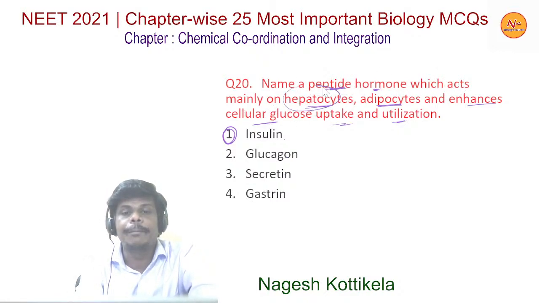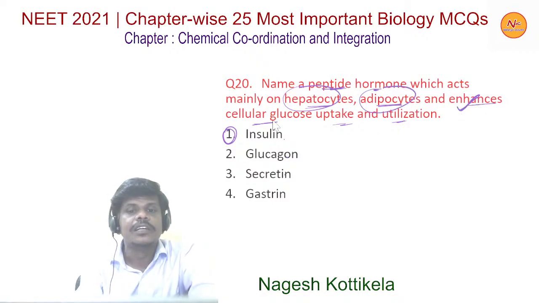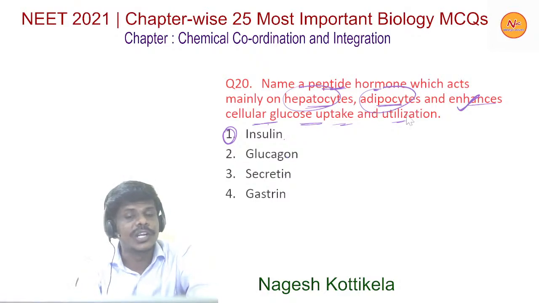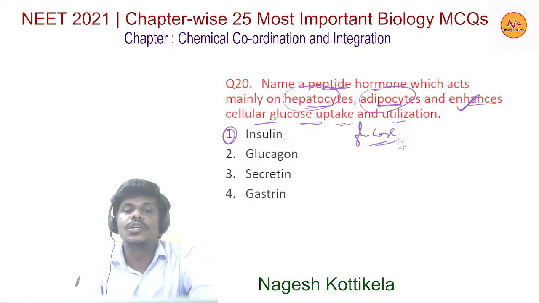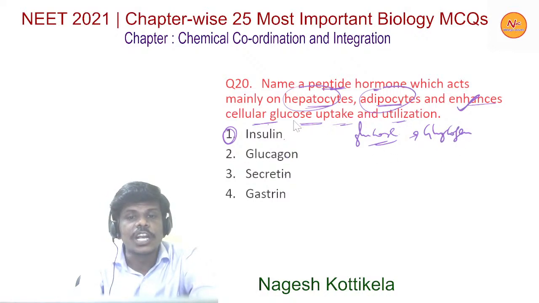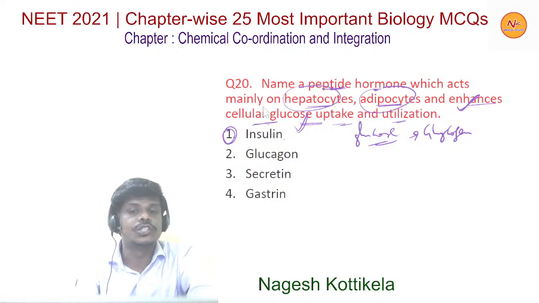Insulin converts glucose into glycogen, and also it is playing an important role in cellular glucose uptake and utilization. So option 1 is the right.